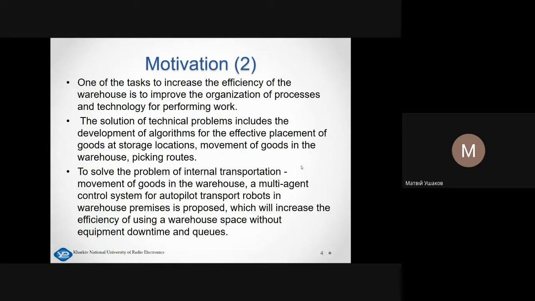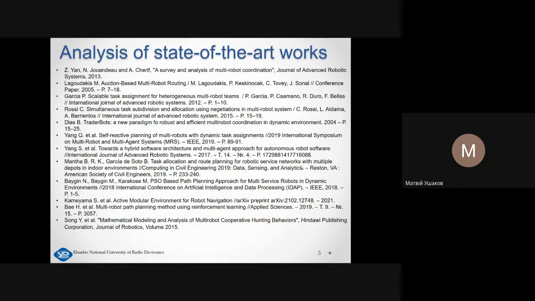To solve the problem of internal transportation, the movement of goods in the warehouse, a multi-agent system for control of autopilot transport robots in warehouse premises is proposed, which will increase the efficiency of using the warehouse space without equipment downtime and queues. The warehouse topic, as well as mobile robot control, is one of the most promising topics. On this slide, you can see all the papers we used in this work.